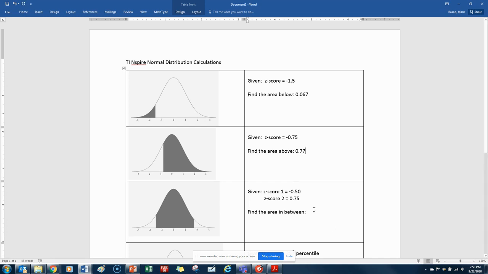Okay, the third problem is we are supposed to find the area between two z-scores. Okay, so the lower bound, the first z-score is negative 0.5, and then the right bound or the upper bound is positive 0.75. Again, the graph on the left shows the subject area being shaded.